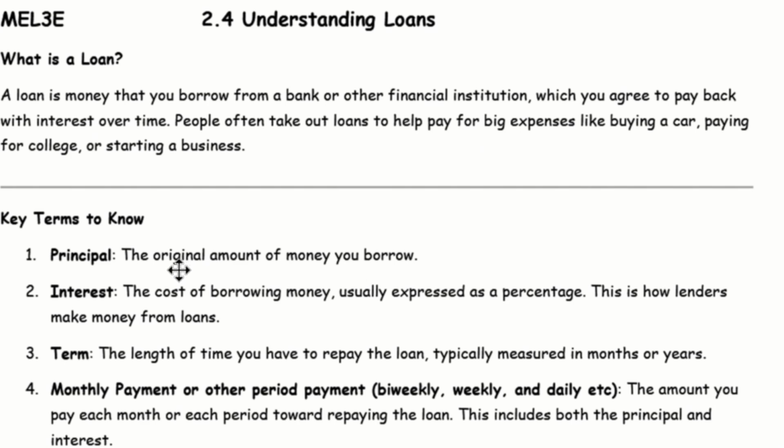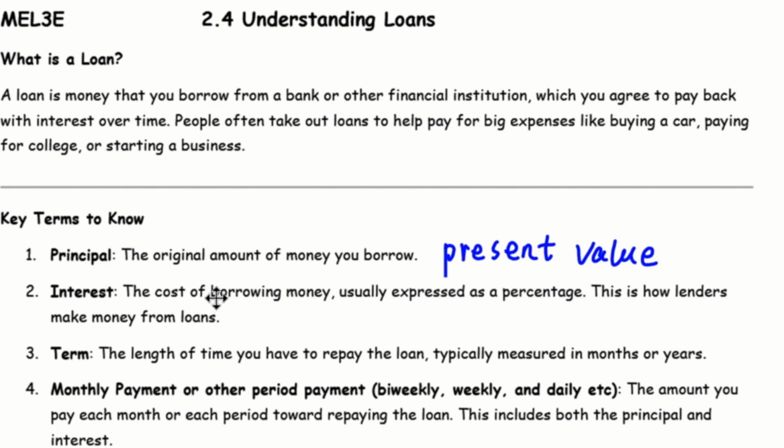Key terms you should know: principal is the original amount of money you borrow, the money you borrow at the very beginning. It can also be thought of as the present value. And interest is the cost of borrowing money.